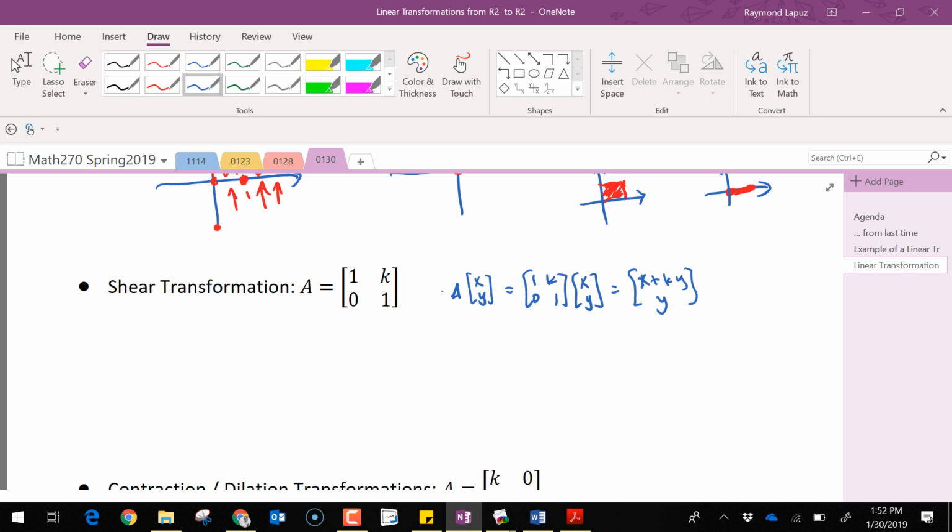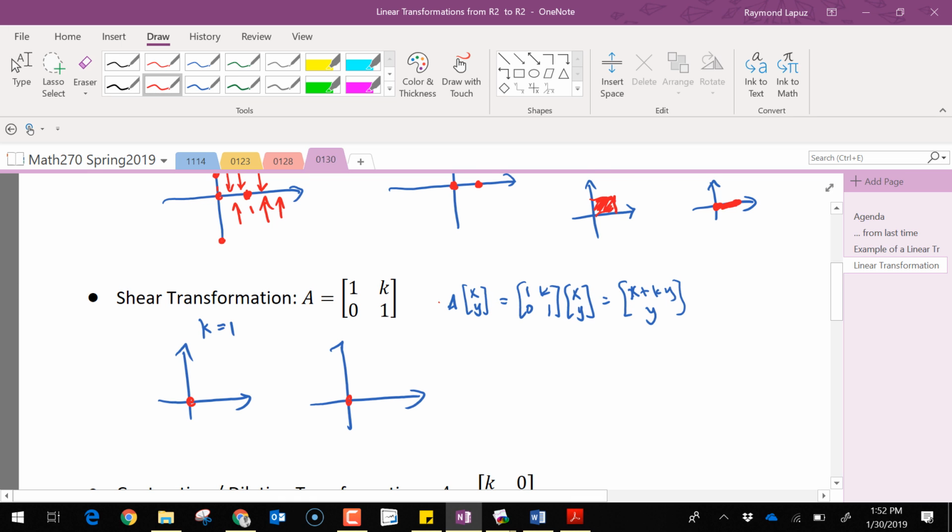If k is positive, you're going to have x plus some scalar of y. So can you imagine how this thing might look like? Let's let k be positive 1, for example. And then let's take a look at some points.